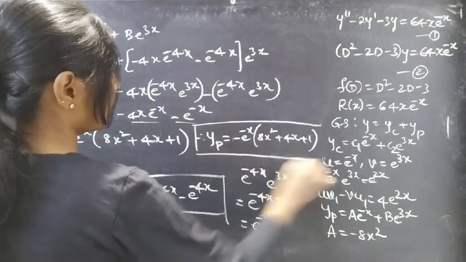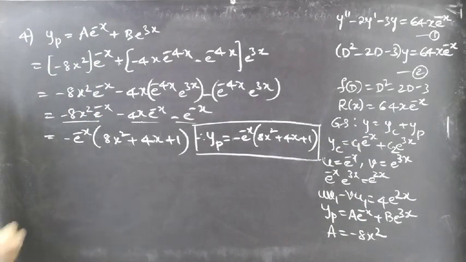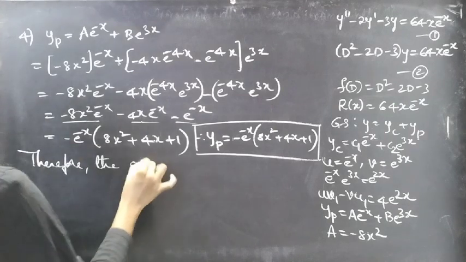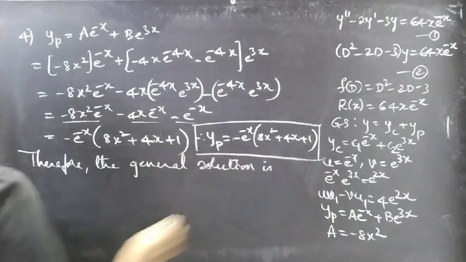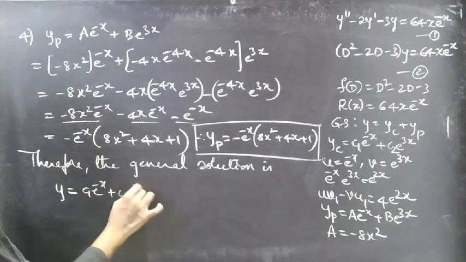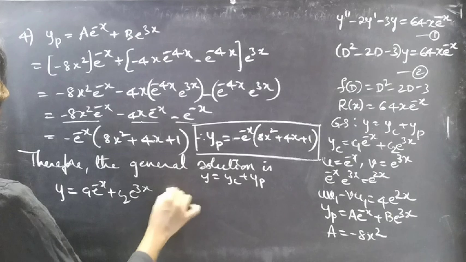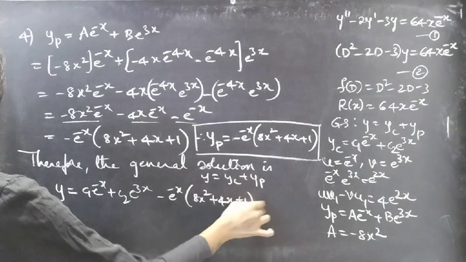We got yp and yc we also have. Let's now find the general solution using y equal to yc plus yp. Therefore, the general solution is given by y equal to yc, c1 e power minus x plus c2 e power 3x, and yp is minus e power minus x into 8x square plus 4x plus 1, right?